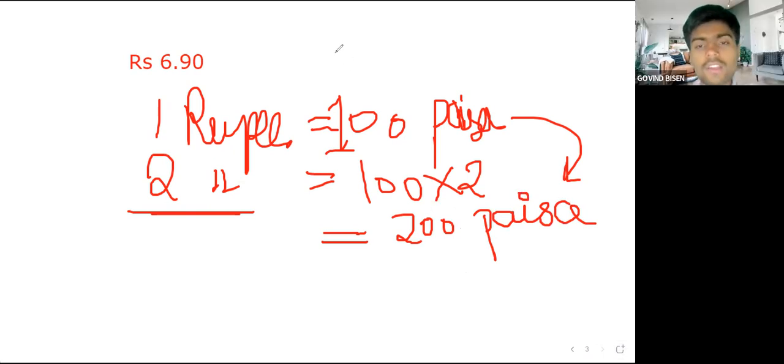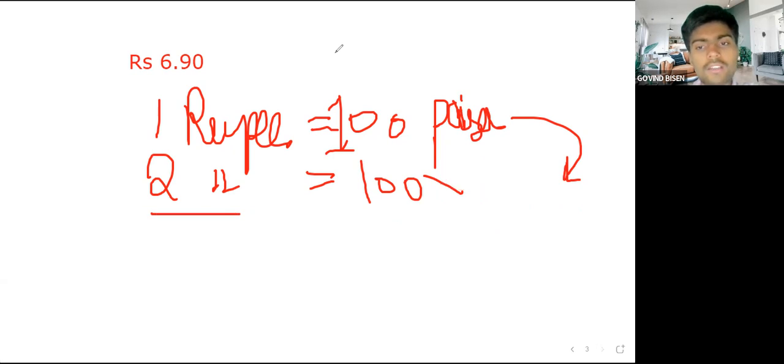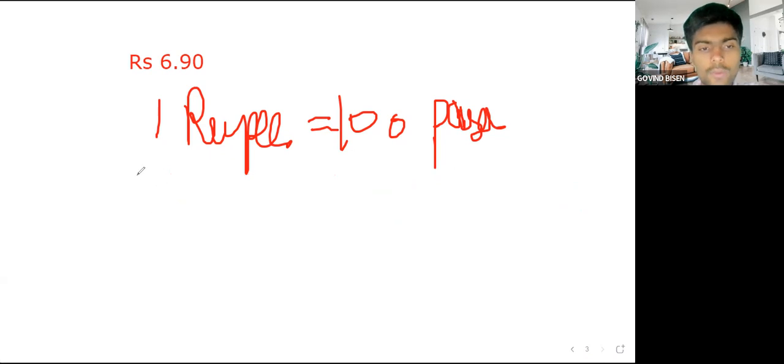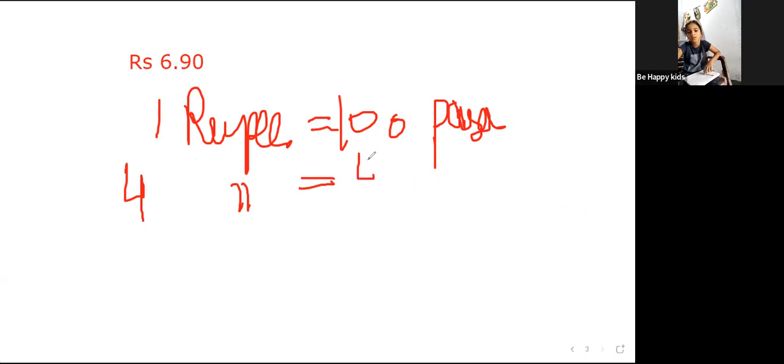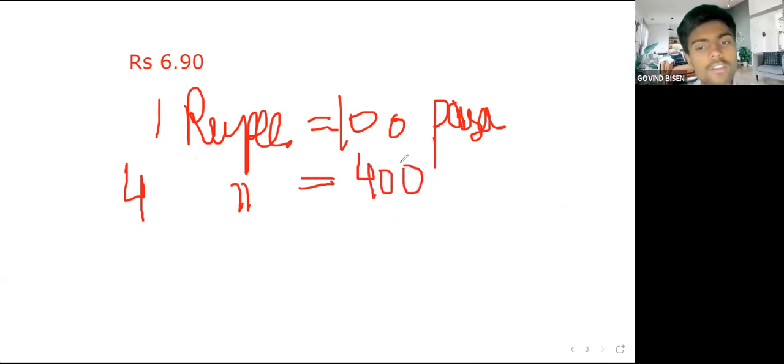Similarly, if I take 3 rupees, or 4 rupees, let it be 4 rupees. So how much is 4 rupees in paisa? 400, sir. So what did you do? You multiplied 4 with 100.